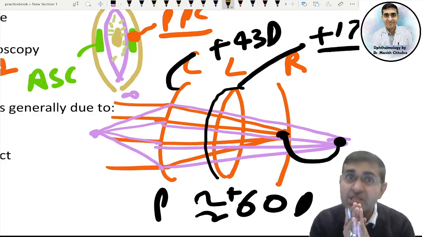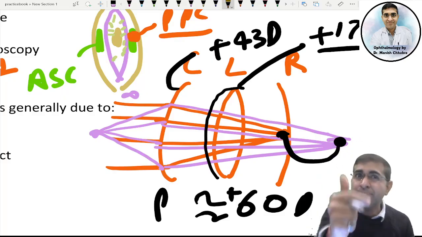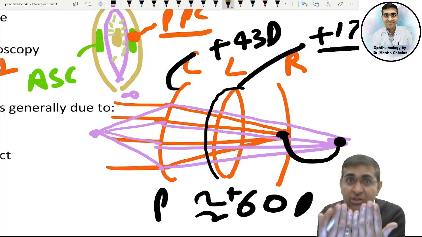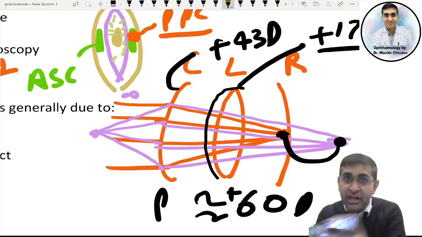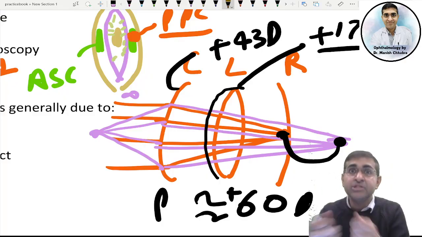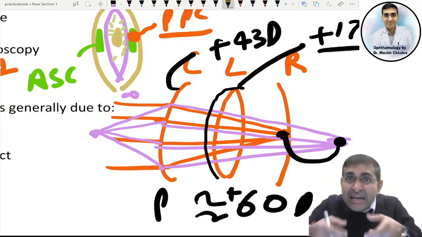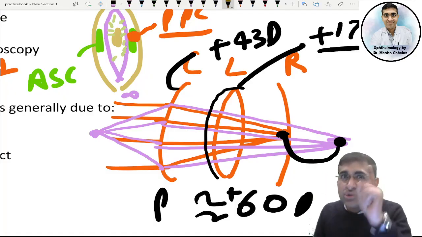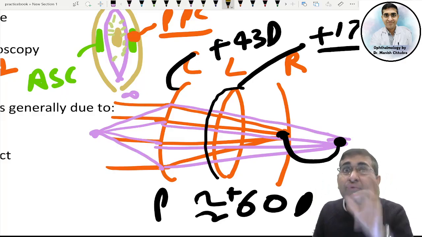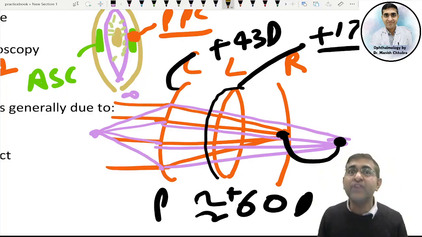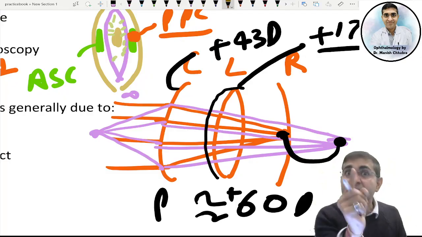So that is why you must have seen that your parents, your grandparents, they are absolutely okay, but when they focus on the near object, they read magazine, they watch a message on a mobile phone, they wear near glasses. What is those near glasses? So those near glasses are convex glasses, and they are to compensate for the loss of accommodation due to a condition. What is that condition?